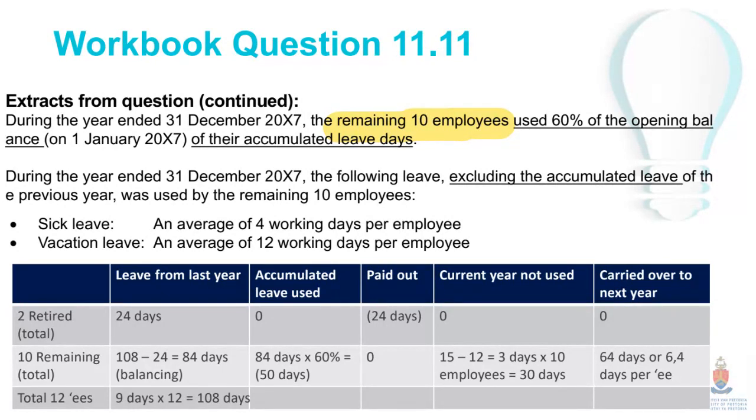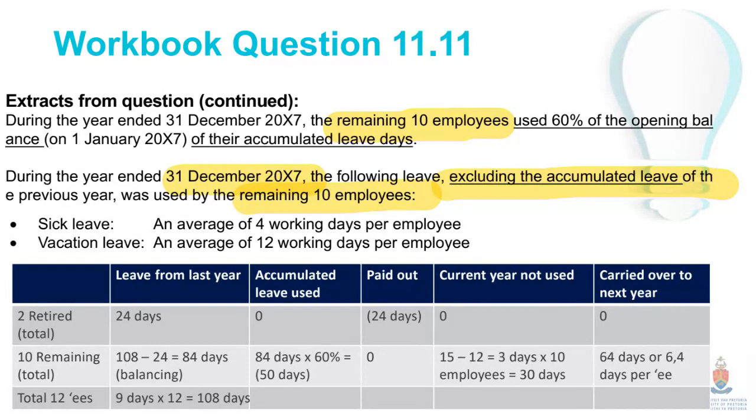It says during the year ended 31 December 2017, the following leave, excluding the accumulated leave of the previous year, was used by the 10 remaining employees. So excluding the cumulative leave, that's the key part there. The cumulative leave they've already dealt with in point 7. They said 60% of the opening balance was used.